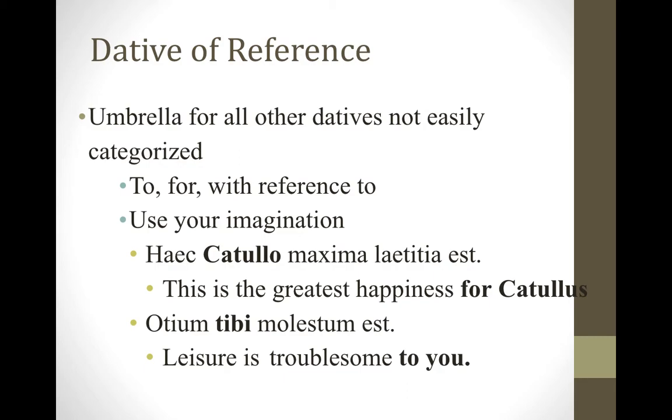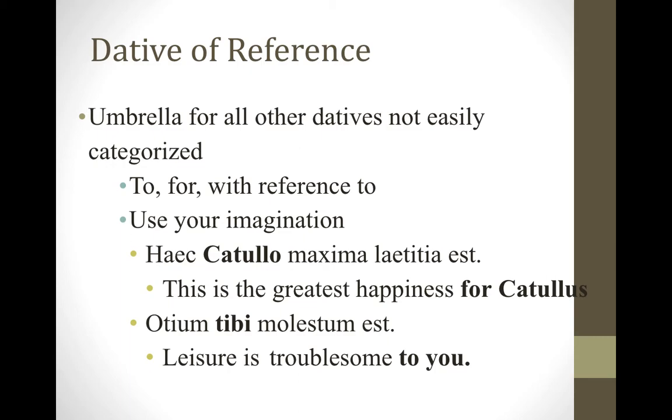And this is going to sound absolutely terrible, but the idea is to really use your imagination. Anytime you're reading Catullus's poetry and you come across datives, a lot of times if you can't easily identify it as separation or possession and you don't think it makes sense as an indirect object, you kind of have permission to plug that dative in however you think it's going to make the most sense.